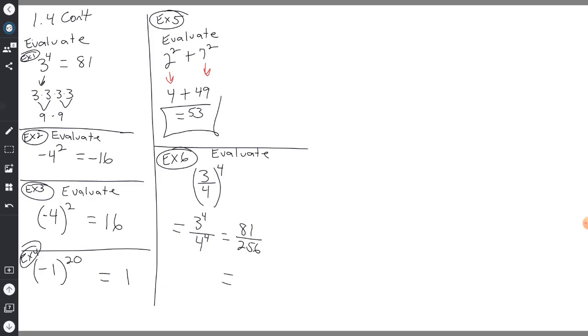If you don't recognize what can go into both the numerator and denominator, what can you try? I was going to say, so that it's a decimal, I would have done 3.